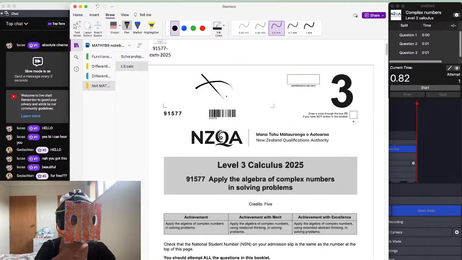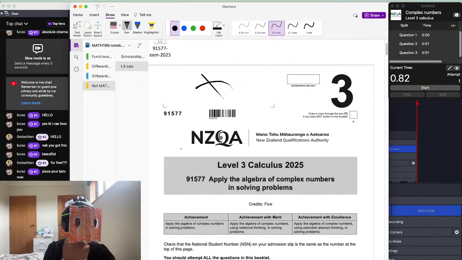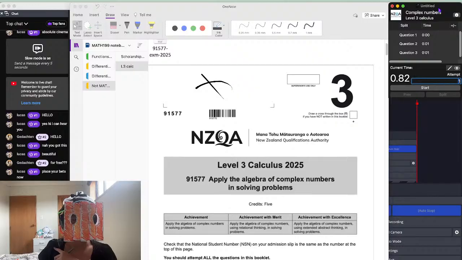And I'm going to simulate the exam conditions, so no eraser, no undos and stuff. If I get anything wrong, it's just cross out. And you see on the right hand side there, that's the speedrun timer.